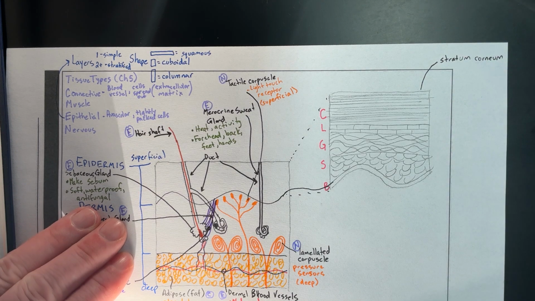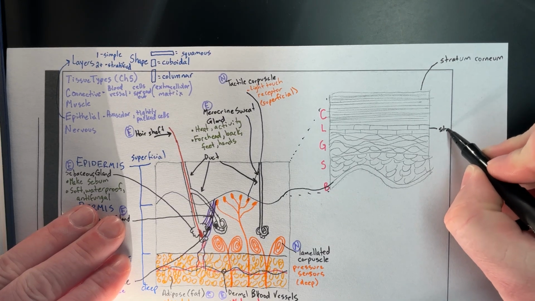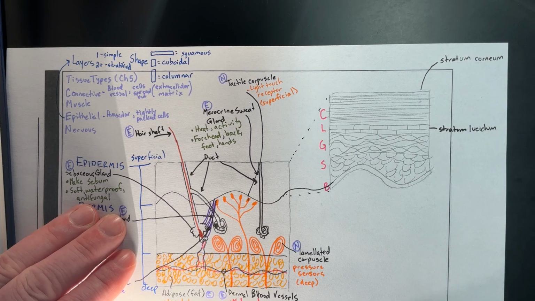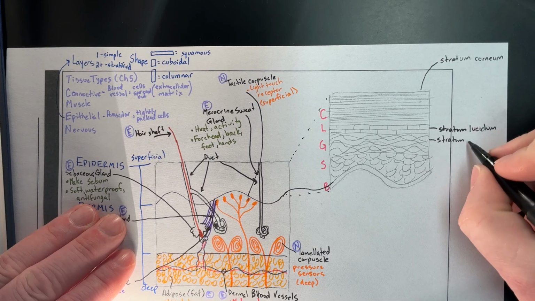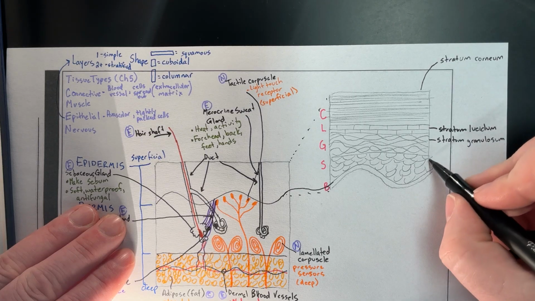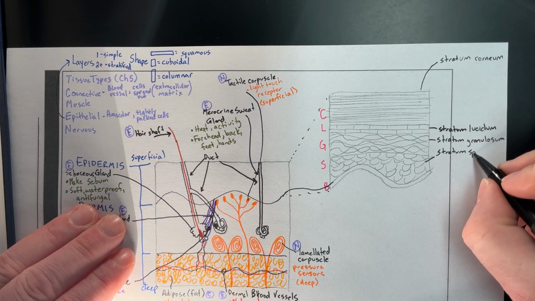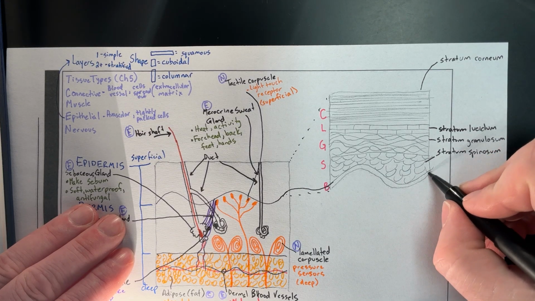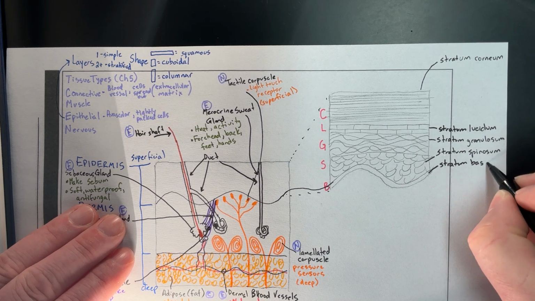So that's the C. And then the next one that's right here is called the stratum lucidum, that's the L. Underneath that, stratum granulosum. Underneath that, stratum spinosum. And then our bottom one at the base is called the stratum basale.